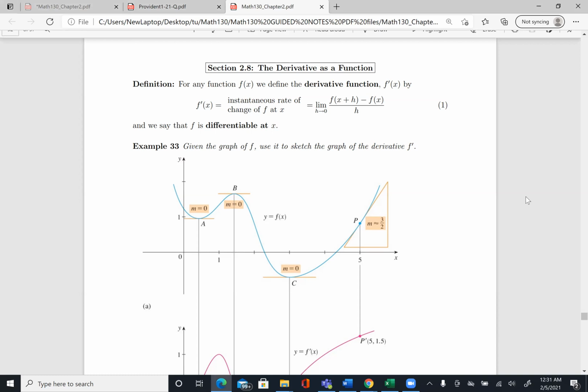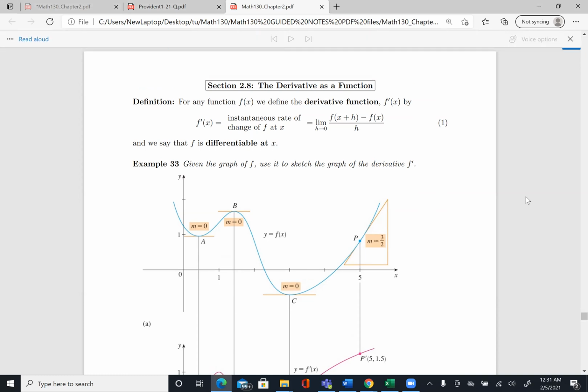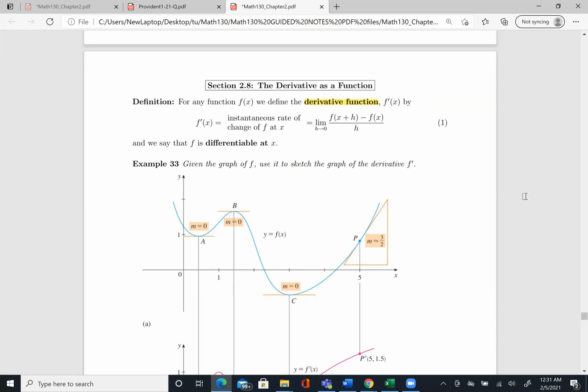Let me use my highlight. Okay. So for any function f of x, we define the derivative function f derivative of x by f derivative of x equal to the instantaneous rate of change of f at x, and also equal to the formula as we learned in the previous section: the limit of f of x plus h minus f of x over h as h goes to 0.